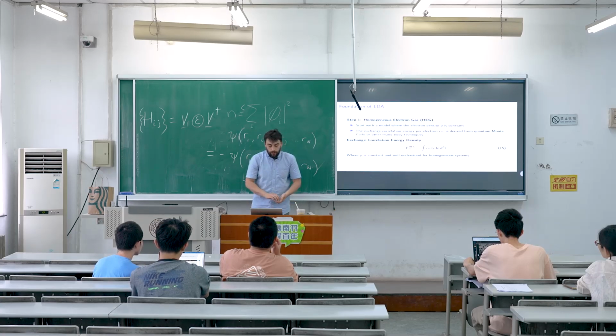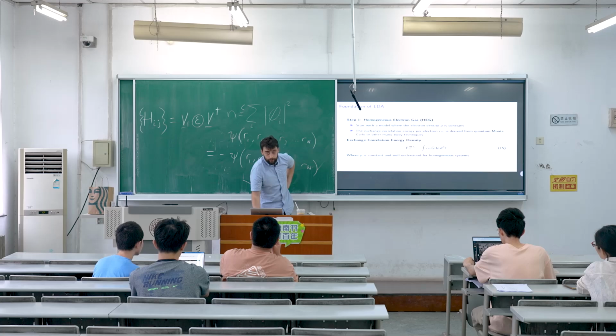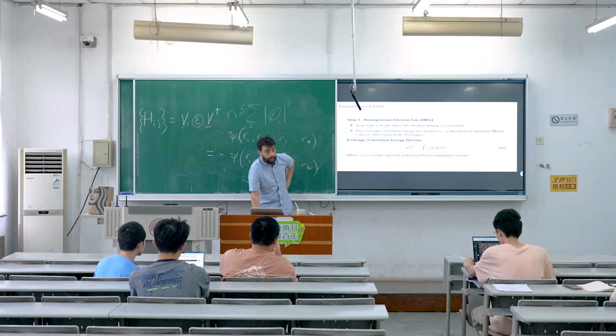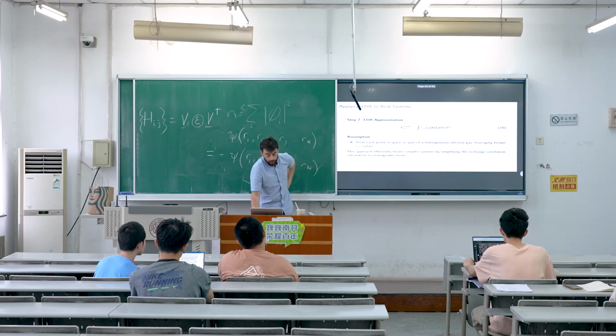Right. So once we've got that expression for the exchange correlation energies, or exchange correlation potentials really, all we've got to do is integrate over space to get our exchange correlation energies.